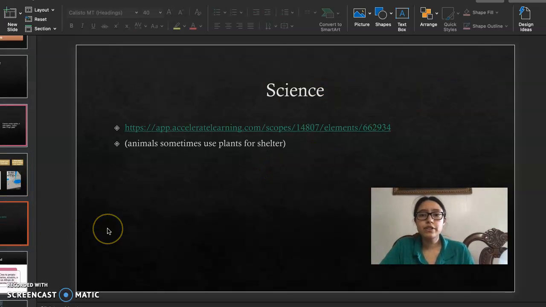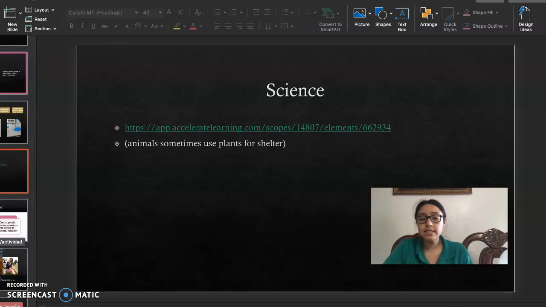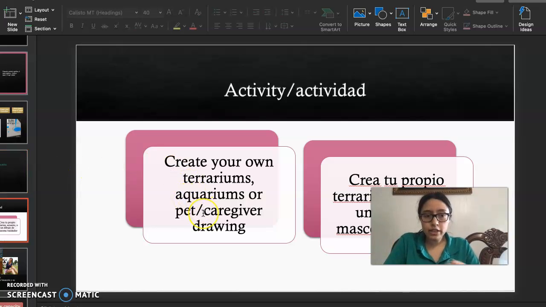And then this is for science. For science, okay, so now we're going to move on to science. And in science, we're learning about interdependence. Basically, interdependence is how living things survive depending on other things like people or plants, etc. So your activity for science is to create your own terrarium or your aquarium or your pet and caregiver, because we know that the pet depends on the caregiver, and if you have a fish, then the fish depends on little fish or plants.